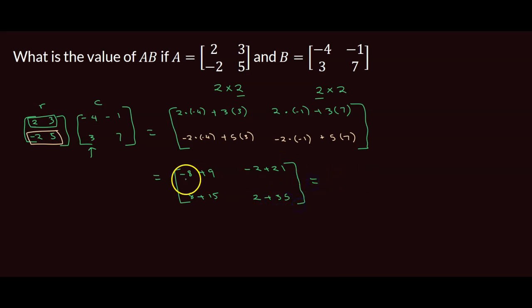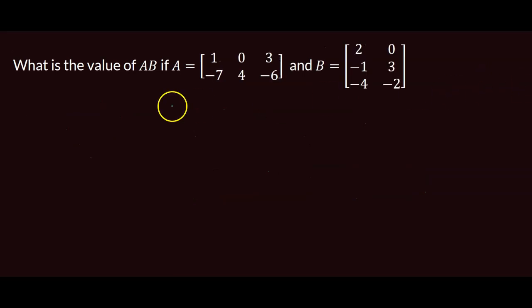So this is going to give us negative 8 plus 9, we have 1. 8 plus 15, we have 23. Negative 2 plus 21, we have 19. 2 plus 35, we have 37. So you can see here that we end up with a 2 by 2 matrix as expected. 2 rows here, 2 columns here. So that's how you perform a multiplication of matrices.